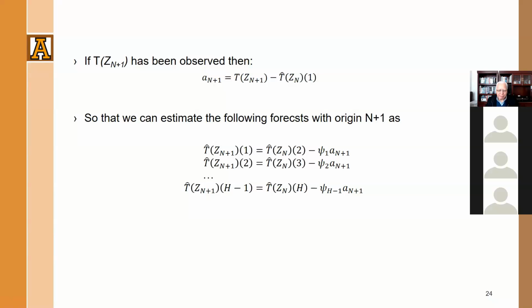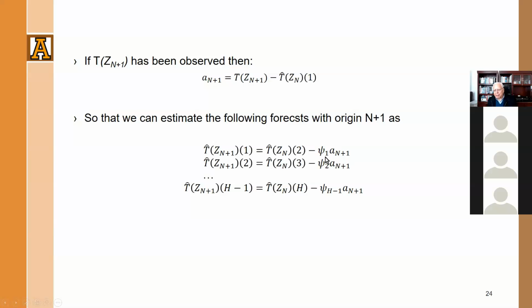So we can re-estimate the following forecasts with origin N+1, updating the forecast that I have. So if I want to update now the forecast that I have made at time N+1, 1 period ahead, all I have to do is take the forecast that I did before 2 periods ahead and subtract psi_1 times A_{N+1}, because I already know this thing, right?